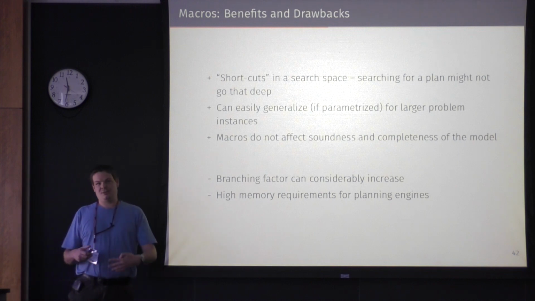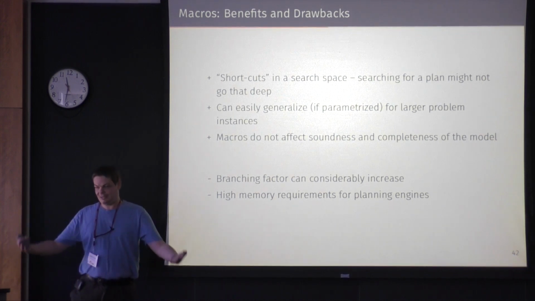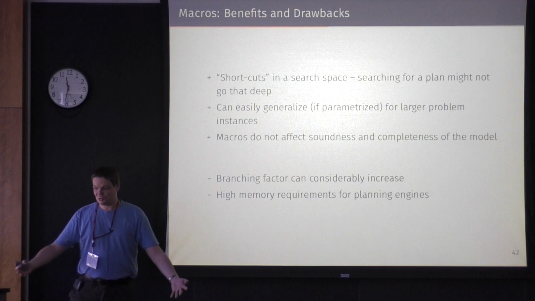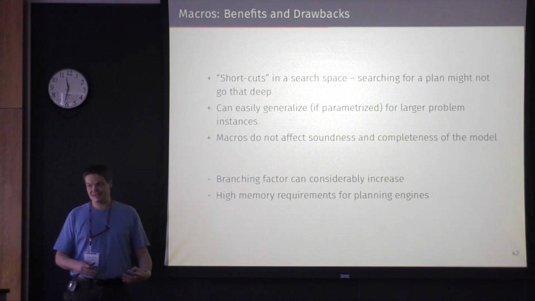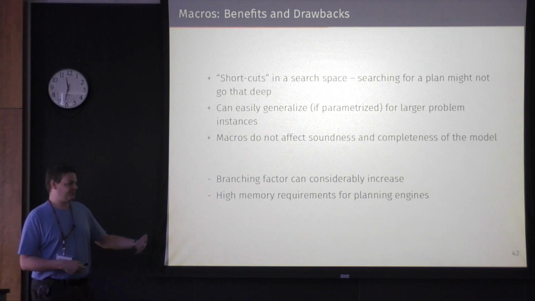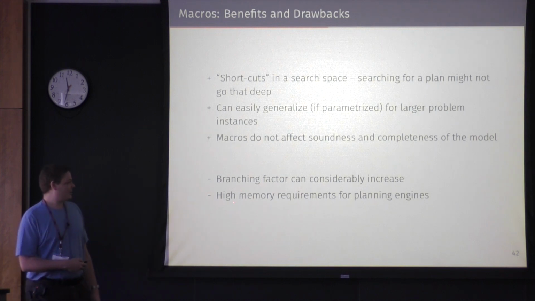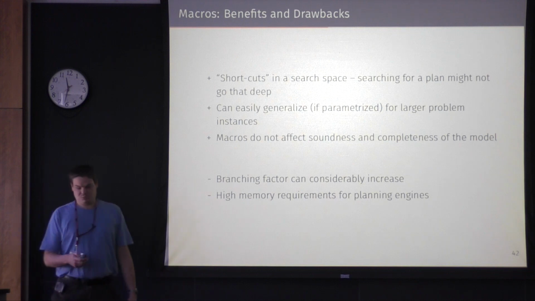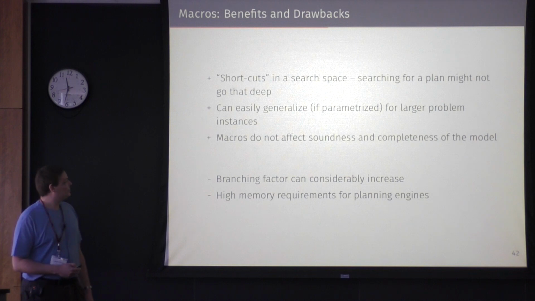And since we have a lot of instances, and planners initially do grounding, which means providing every reachable instance of every action in the domain model, in the case of macros this means memory requirements are usually considerably higher.